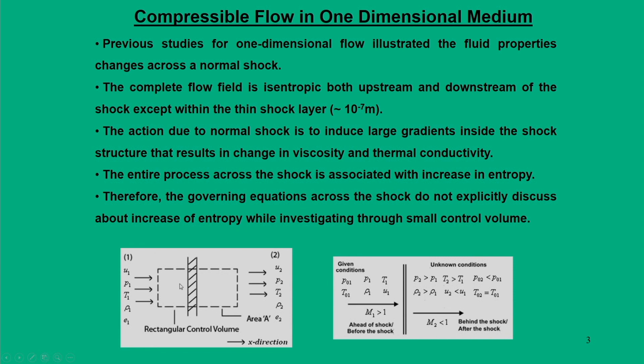One such instance, where we have seen how the properties change between 1 and 2, is a normal shock. The entire flow field is very discontinuous across this particular thin region, which we call a thin shock layer, of typical dimension of 10 to the power minus 7 meter. Across this shock layer, there are large gradients in the flow properties inside the shock structure that result in changes in the viscosity and thermal conductivity in the medium.